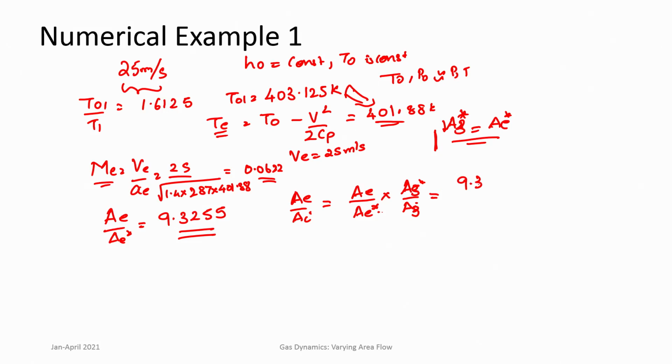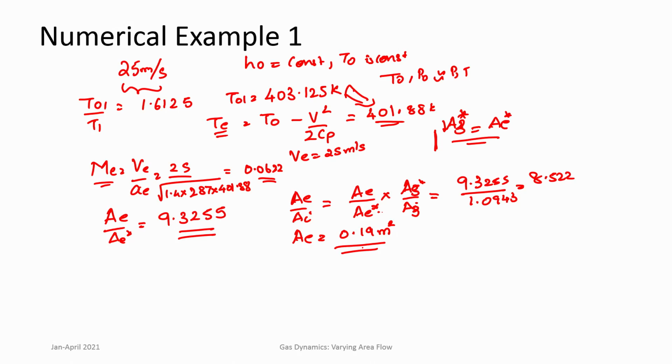So 9.3255 divided by 1.0943 is 8.522. So you can get the exit area as 0.19 meter square.